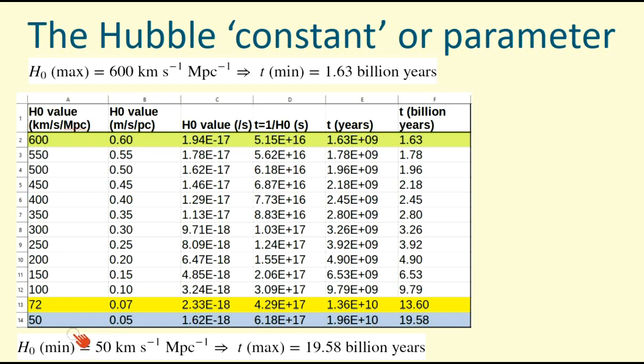The minimum value of the Hubble constant, 50, doing the calculations, ends up as a maximum value of 19.58 billion years. So from this data, we can see that the universe has been theorized to be anything between 1.63 and 19.58 billion years old.